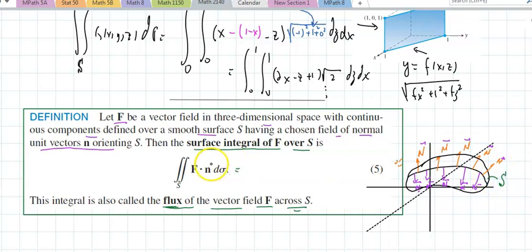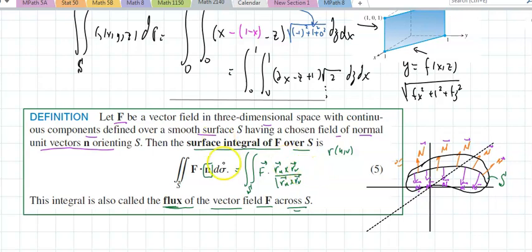All they did was add this component, and we have two ways of figuring that out. We could say that's F. If I'm talking about a unit normal and I'm given r of u and v, a normal to the surface would be r sub u crossed with r sub v, divided by the magnitude of r sub u crossed with r sub v.